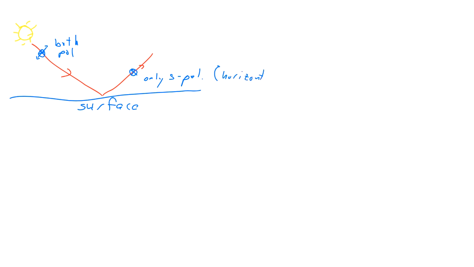So the sunglasses that you wear, here, this is going to be really disturbing. Here's your eyeball, and here's your sunglasses right there. The sunglasses are only going to let through this polarization. I've got to pick a different color.